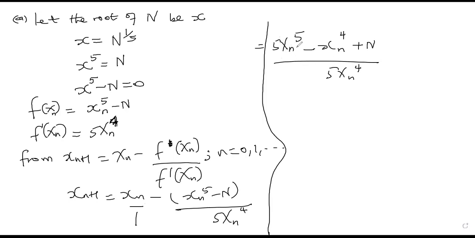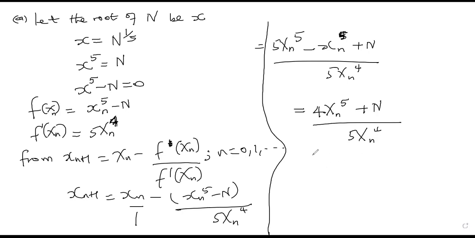So when you get 5xn power 5 minus xn power 5, it is going to come up as 4xn to the power 5, all right? Then plus n out of 5xn to the power 4.